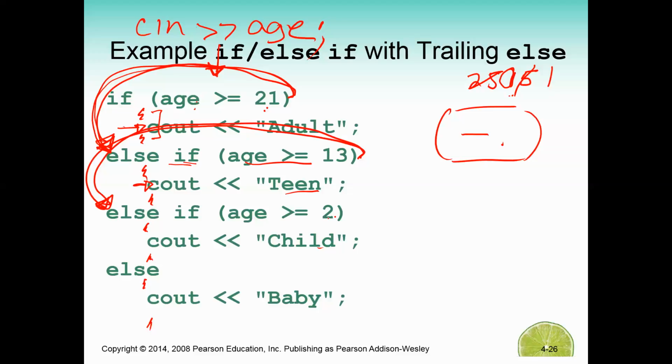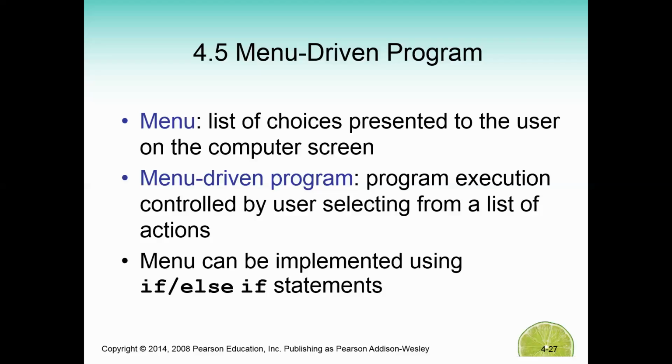No, it's a 1, so we go all the way to the else. So this else has no if. So we know that it is the trailing one, the last one on the list. So this is going to be executed. If it's not an adult, it's not a teen, it's not a child, it has to be a baby. So that is going to be displayed here on the screen. So we call this a trailing else.